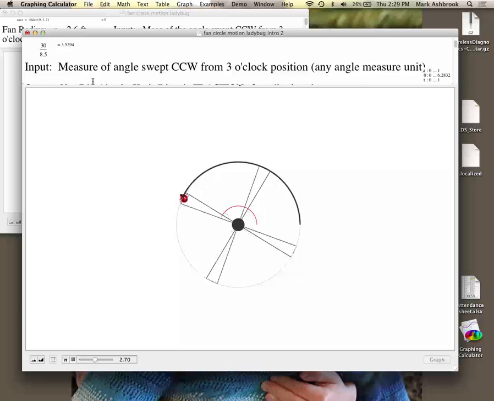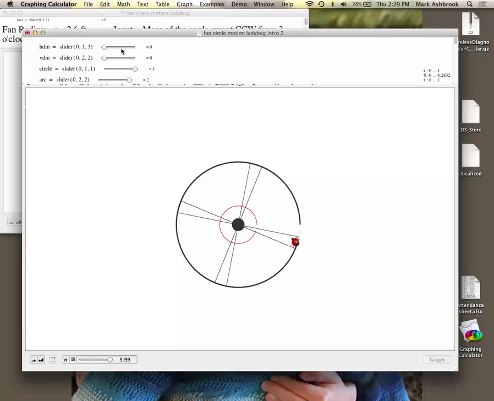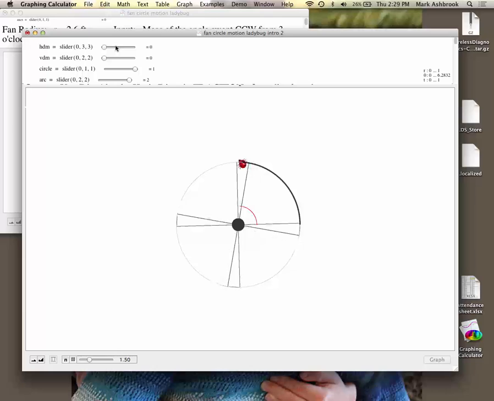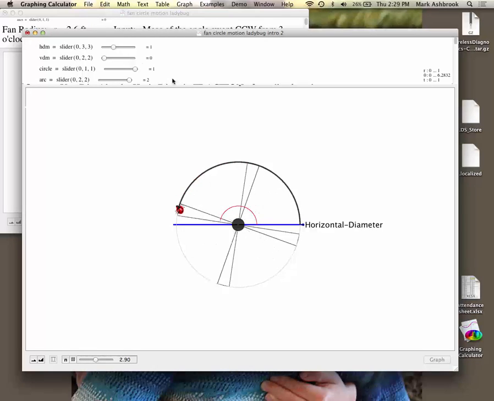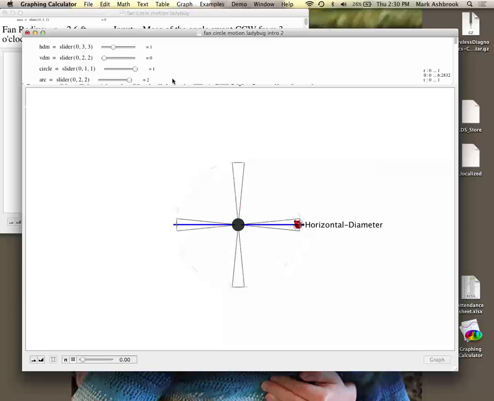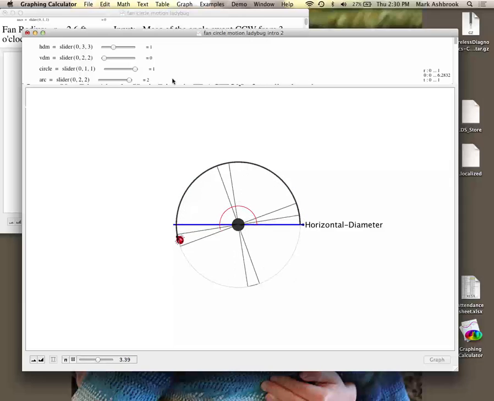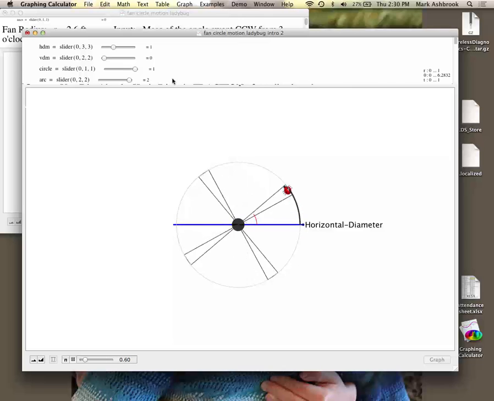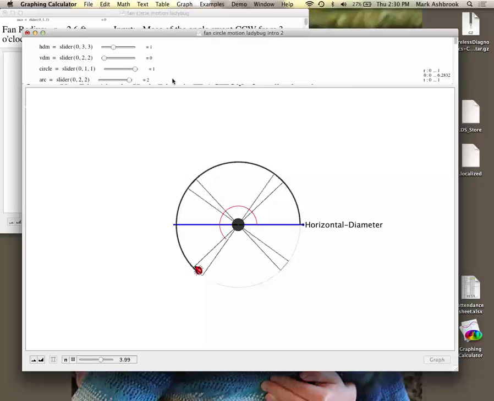Okay? The first quantity is related to what we call the horizontal diameter. So what aspect of the bug's position relates to the horizontal diameter?